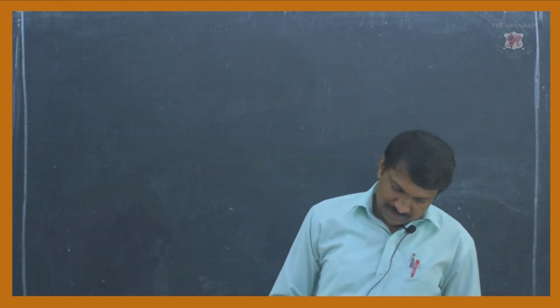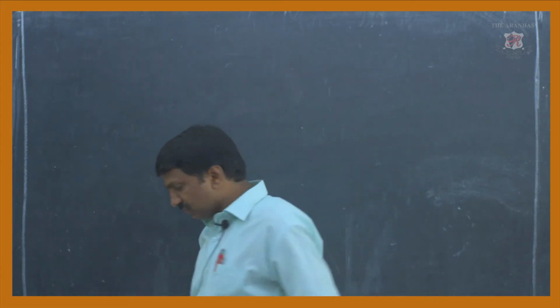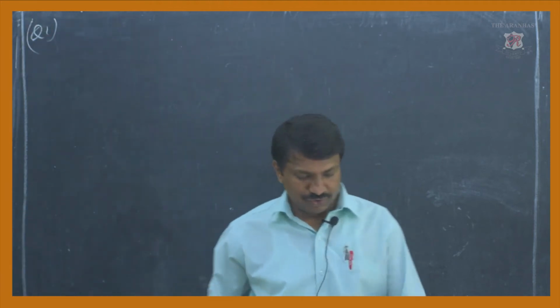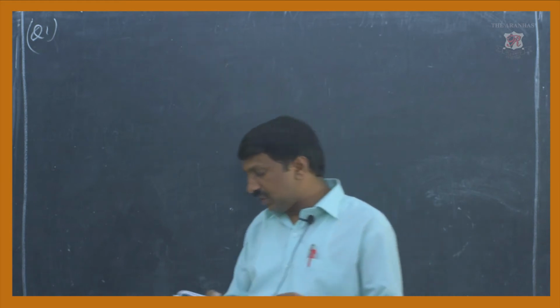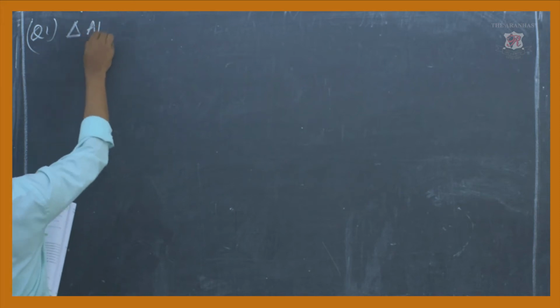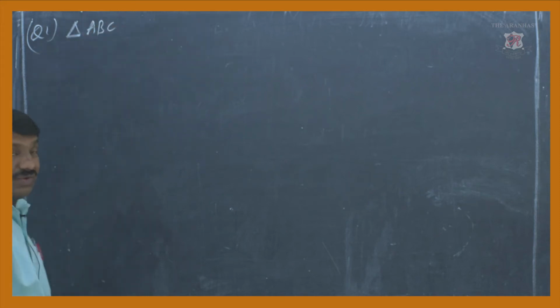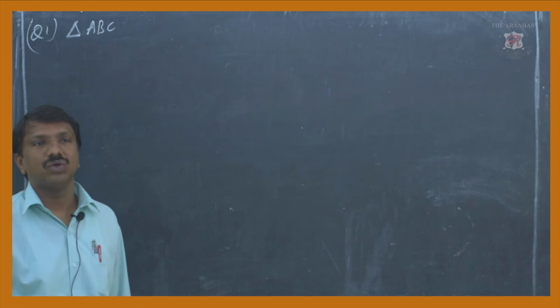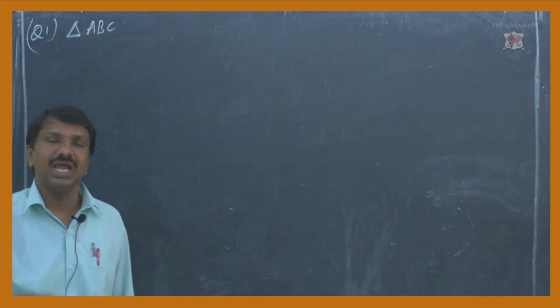So thinking about that, with the help of practice set 4.1, question number 1, I'll take it up. And I told you last time also that this similar triangle concept, we already studied in standard 9, in the sense of finding the corresponding side and corresponding angle.